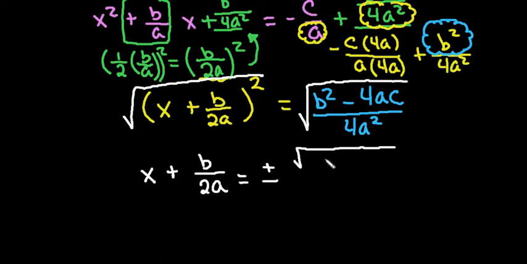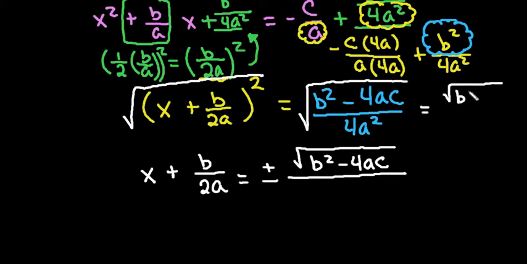And so then I would have the square root of b squared minus 4ac. The bottom I can take the square root of. Another way of writing this is the square root of b squared minus 4ac over the square root of 4a squared. So instead of writing it as one big fraction, I can write it individually. And then if I take the square root of 4a squared, I'm left with 2a.